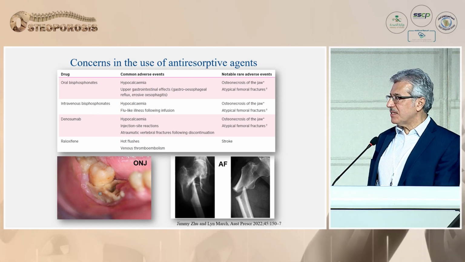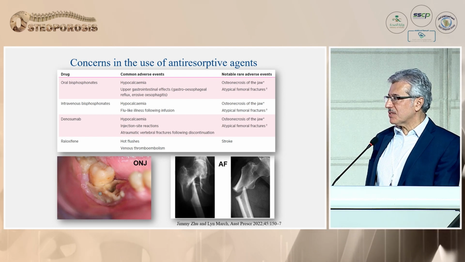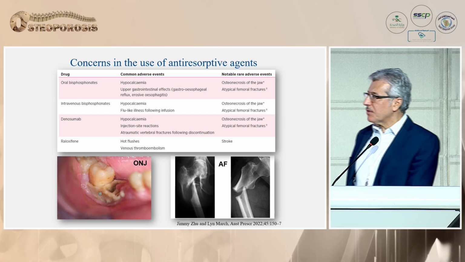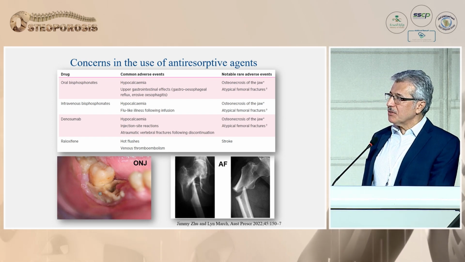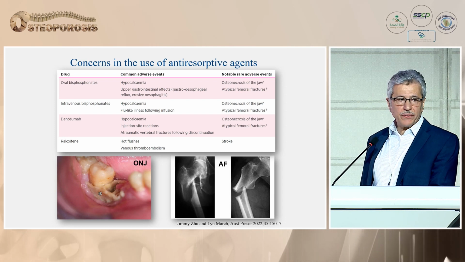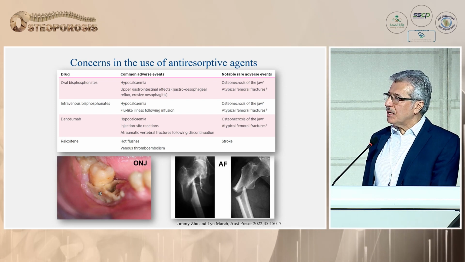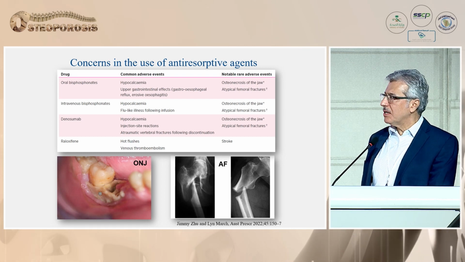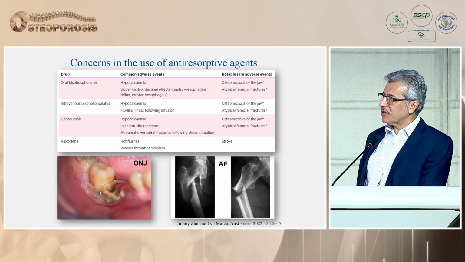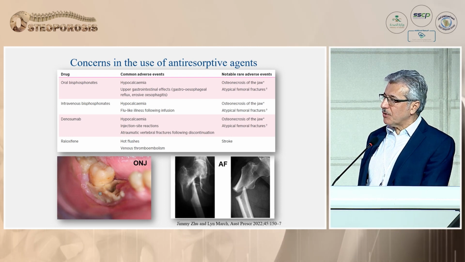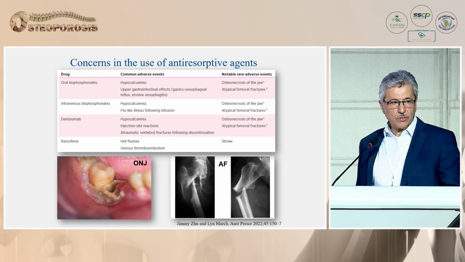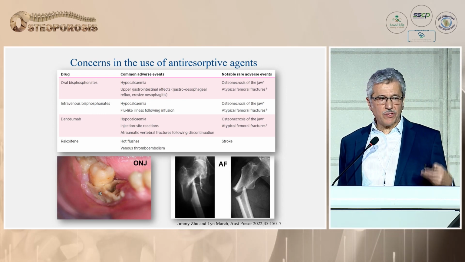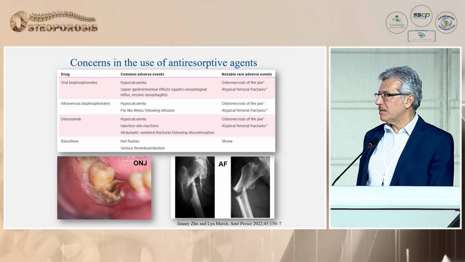The occurrence is probably in the range of 1 in 100,000. However, atypical fracture could happen in the range of 1 in 1,000 or so, and depending on the duration of treatment, it can be even higher. Those are special fractures that happen due to sclerosis of the bone from the long use of anti-resorptive therapy. However, those are rare, and the benefit of those agents far outweighs such a risk.